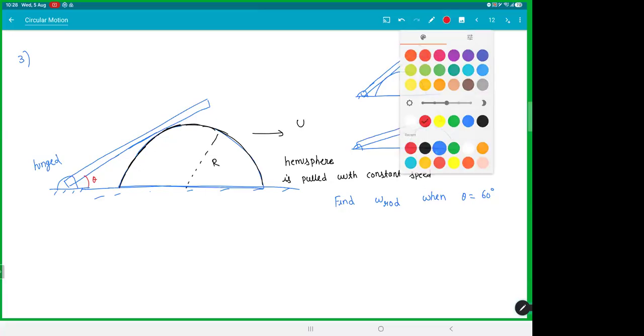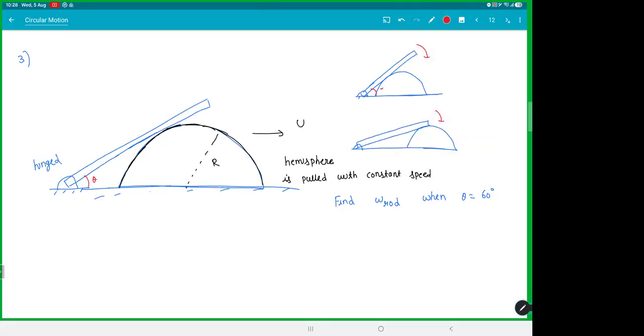Meaning if I have to give angles, for example, let's say this angle is initially some 75 degrees. Now this angle is something like 30 degrees and so on. So when you're pulling, the angle is changing. So the rod will think I'm rotating.